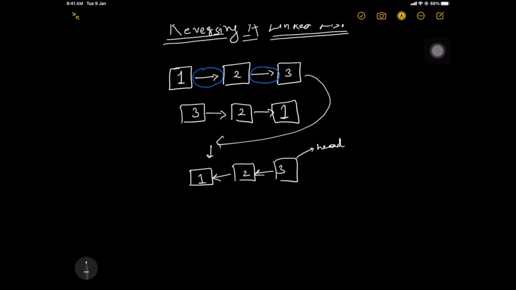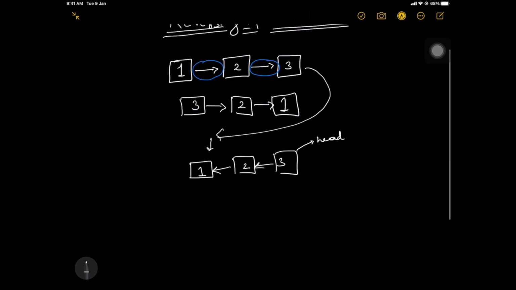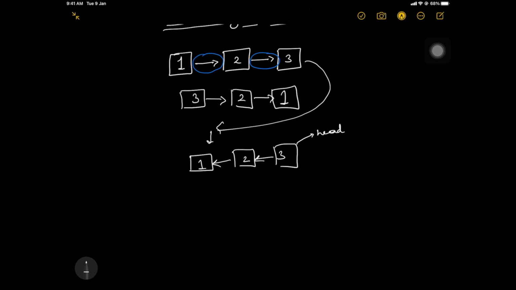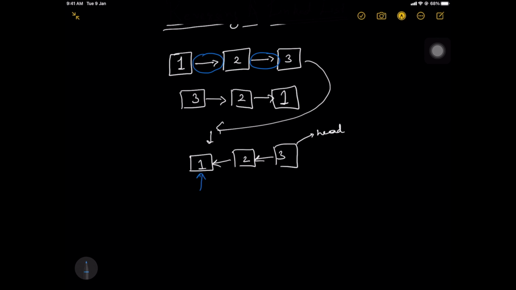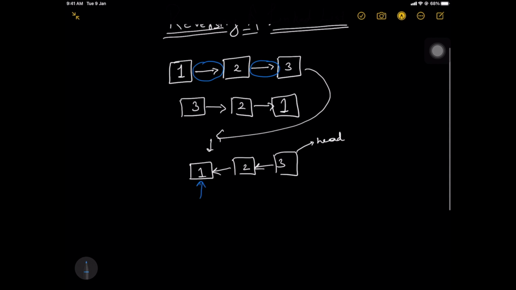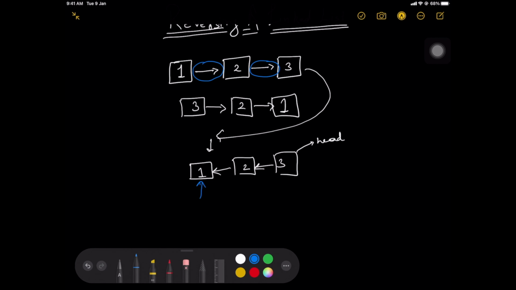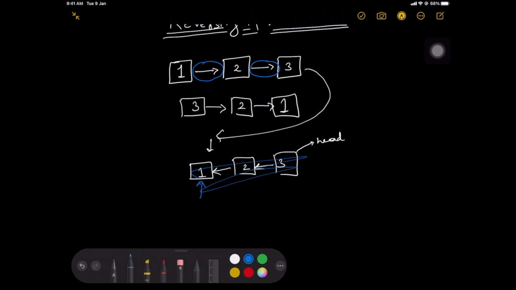So coming with this, what are the things I have to track, right? At any given point, suppose I am here. I'm at 1, I'm starting at 1 and I have to reverse it. At any given point, I have to keep track of, let me just erase this so that, oops, sorry.